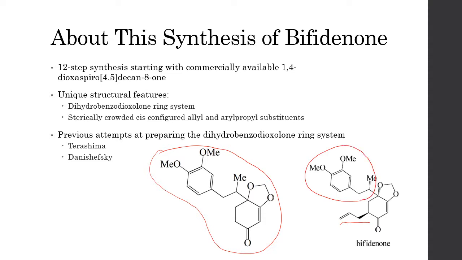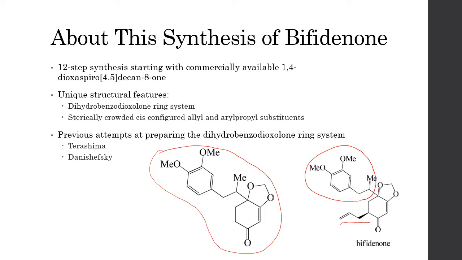There are also 3 stereocenters that require the use of AD-mix beta dihydroxylation, followed by a palladium-catalyzed decarboxylative allylation. So I will talk more about the AD-mix beta dihydroxylation later on.